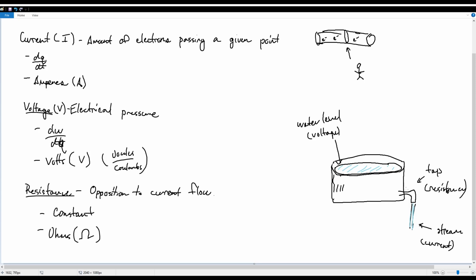Which is pretty much, yeah, the voltage. I don't want to talk about anything more. And right here is the tap, which basically restricts the flow of electrons, or flow of water, and the stream is the electrons that are coming out.